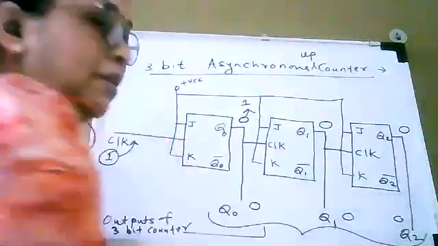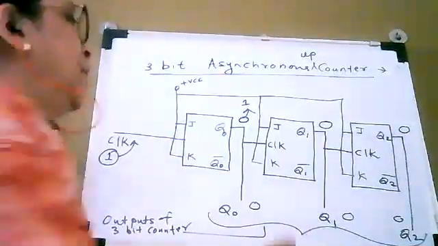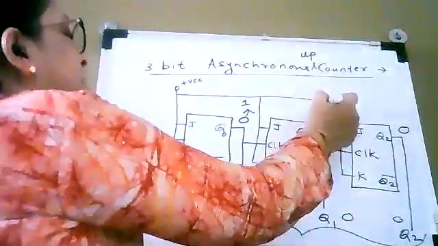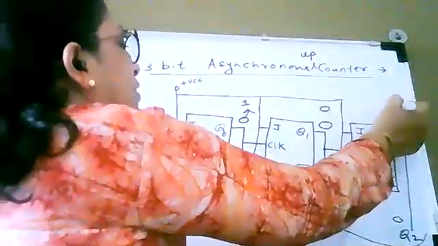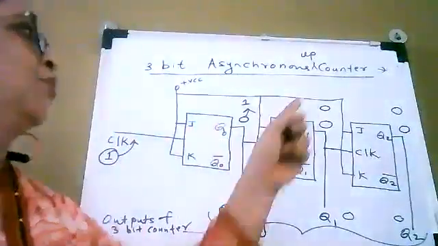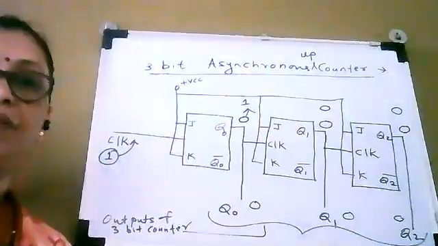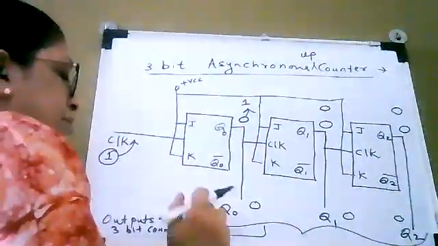But the remaining flip-flops have not been applied with any clock pulse, so the output of flip-flop number 2 will remain as it is, and that of flip-flop number 3 will remain as it is. What we are getting at the output of the counter is 0, 0, 1.